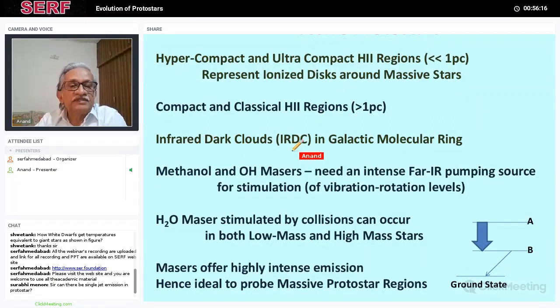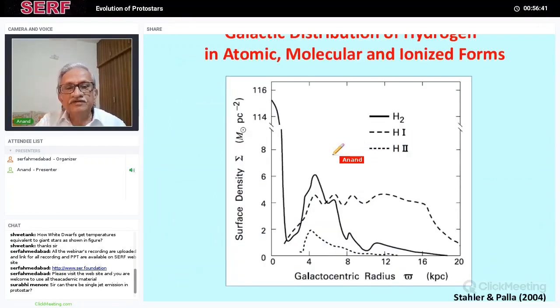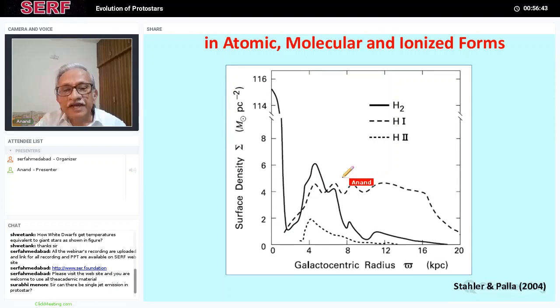And there are also progenitors of the massive stars in the cloud phase, when you have the molecular cloud phase, because we need matter to form these massive stars. We have said about a 10,000 solar mass cloud has to be there. So recently they have discovered in the galactic molecular ring, which I have shown a few days back, the galactocentric distance, and this is surface density.